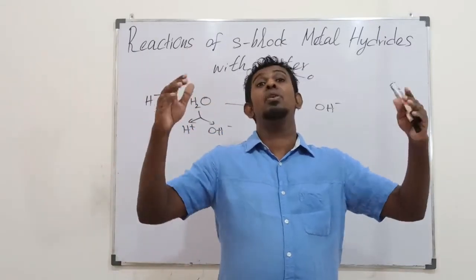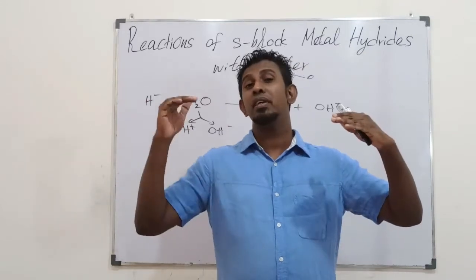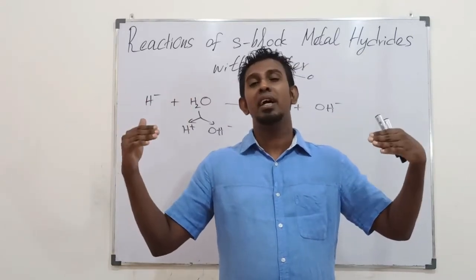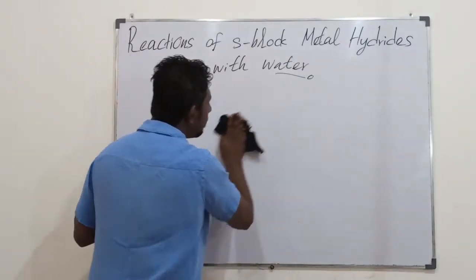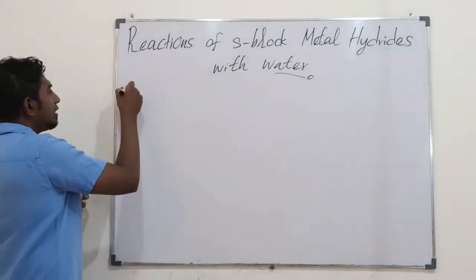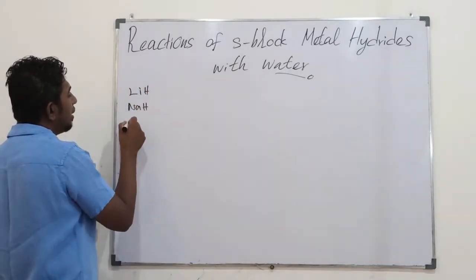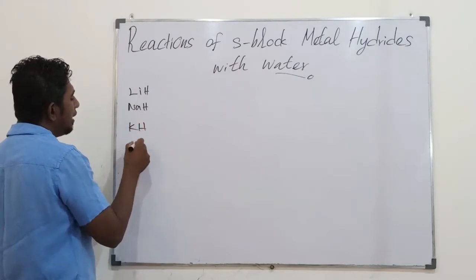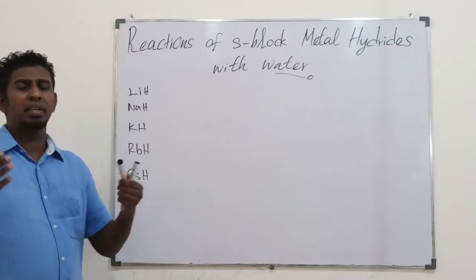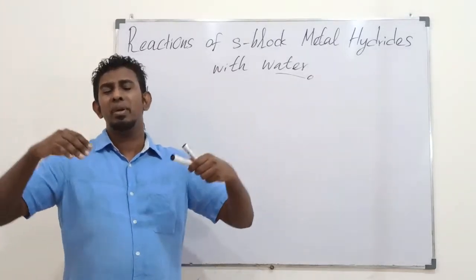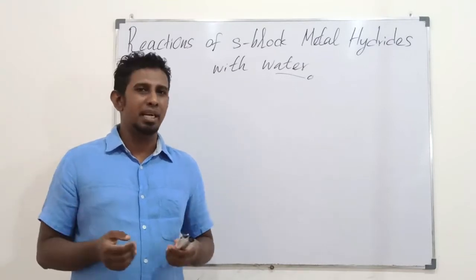Then let's take a look at those example reactions, having the first group and second group metal hydrides. Students, I'm going to write the first group metal hydrides. It's starting with lithium hydride, sodium hydride, potassium hydride, rubidium hydride, cesium hydride, and I could write francium as well, but it's a radioactive element, not actually stable much.